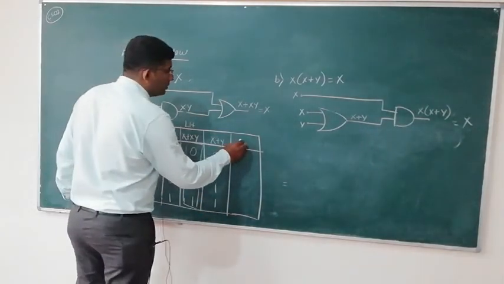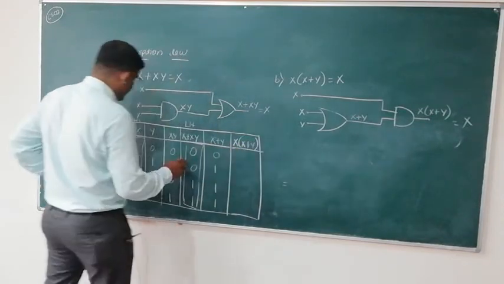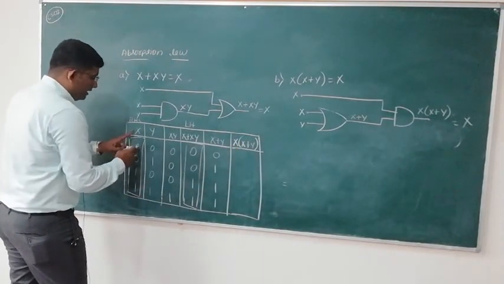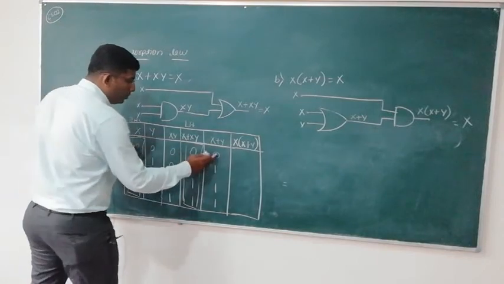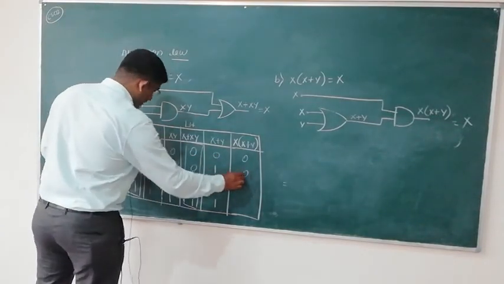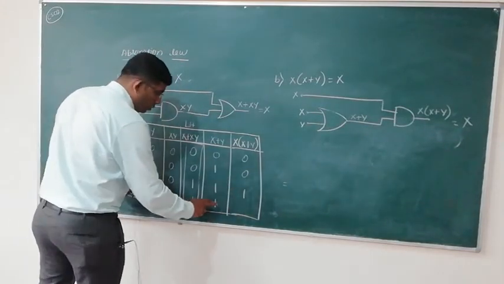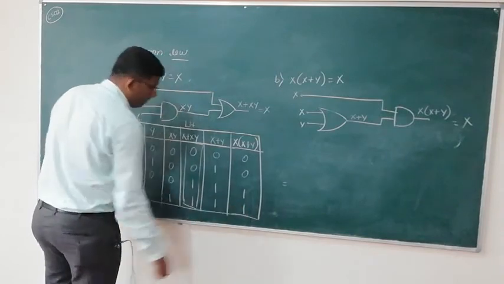Now we have to find out x of x plus y. We have to consider these two columns and the values: 0 into 0, 0, 0 into 1, 0, 1 into 1, 1, 1 into 1, 1.